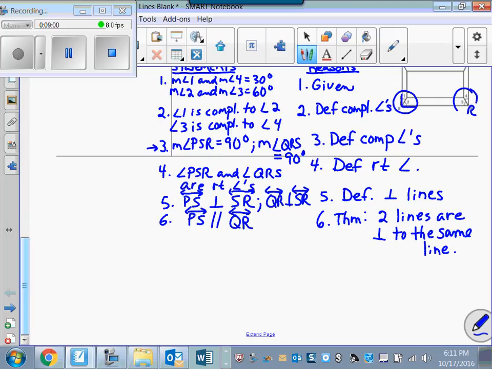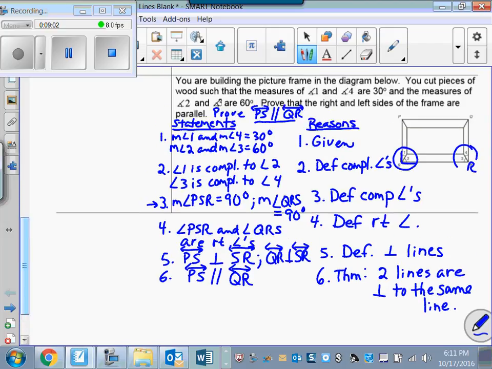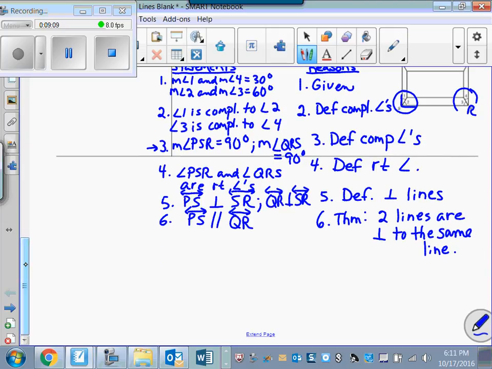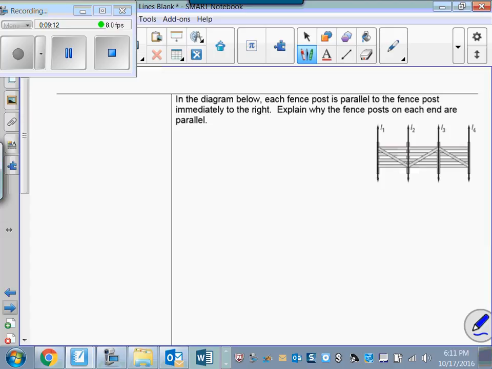All right. So be sure to look over that proof. If there's something you don't understand or something you don't agree with, then let's talk about it in class next time. All right. We have another problem, real life problem. In the diagram below, each fence post is parallel to the fence post immediately to the right. So 1 is parallel to 2, and then 3 would be to the right.